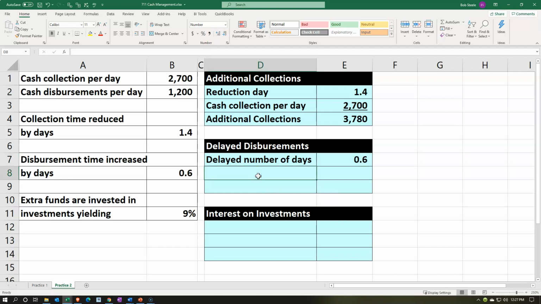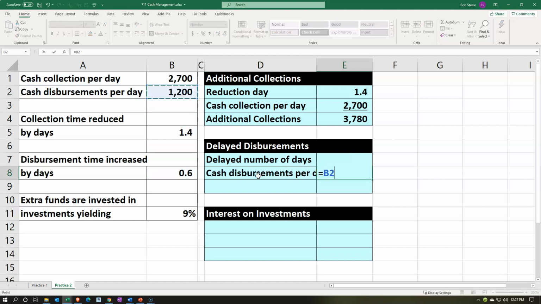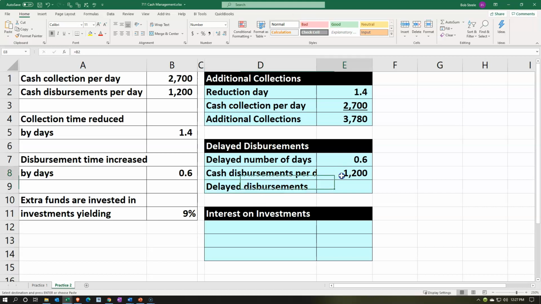And then we're going to say the cash disbursements per day were the 1,200, and that's going to give us our delayed disbursements. The delayed disbursements, then I'm going to put an underline into the 1,200, home tab, font group, and underline. Let's multiply this out. This is going to be equal to the 0.6 times the 1,200 for the 720.